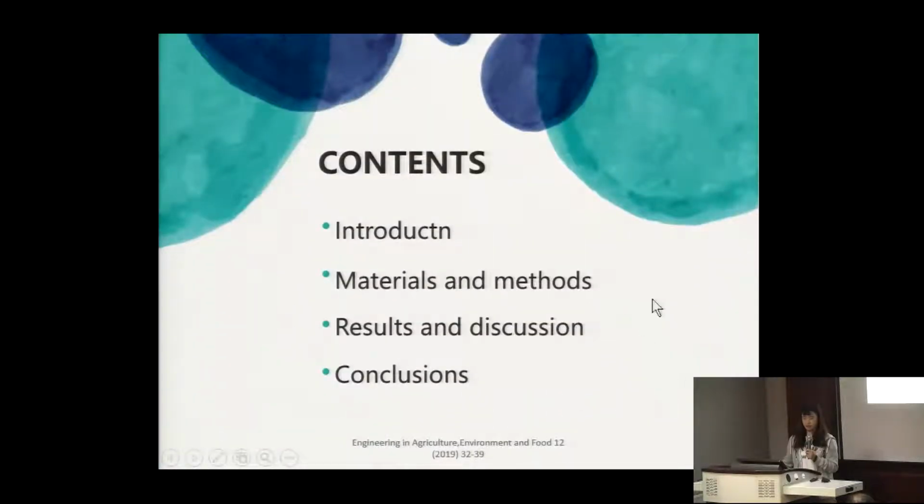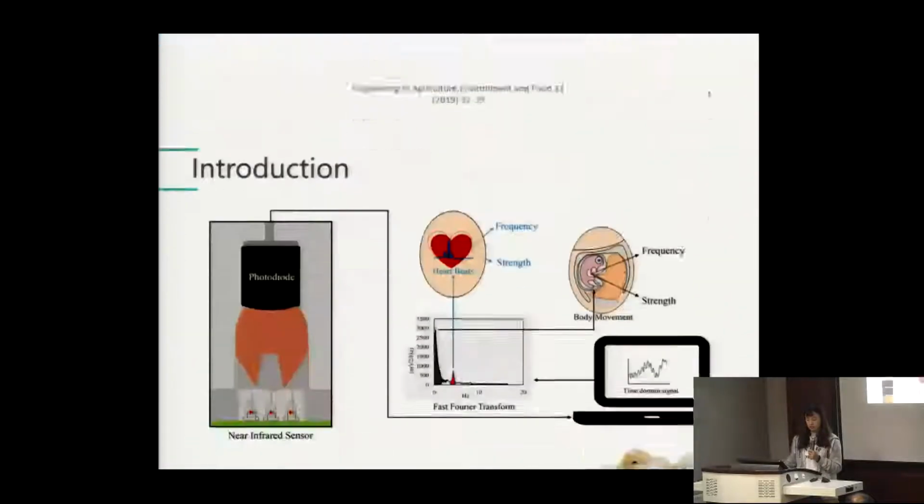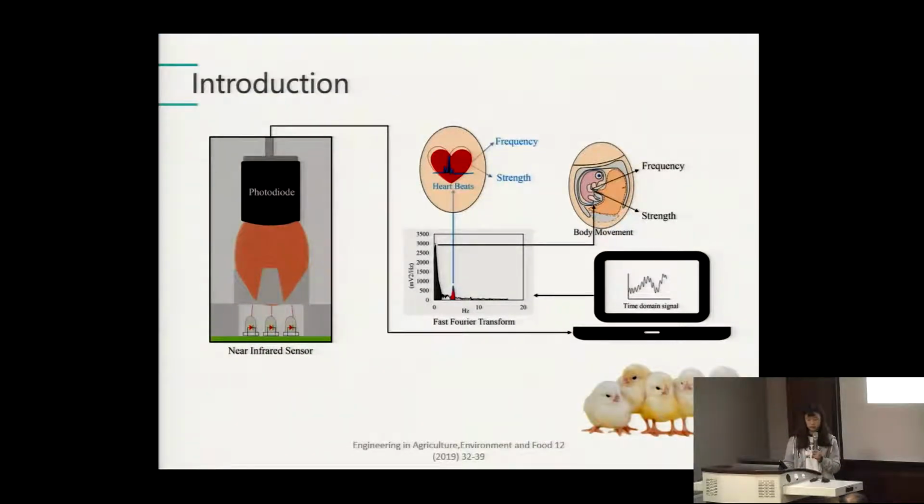The content is: during early embryonic development, restricted early embryonic movement may cause wrong position and reduce heart rate and blood flow, and the nutrient delivery.